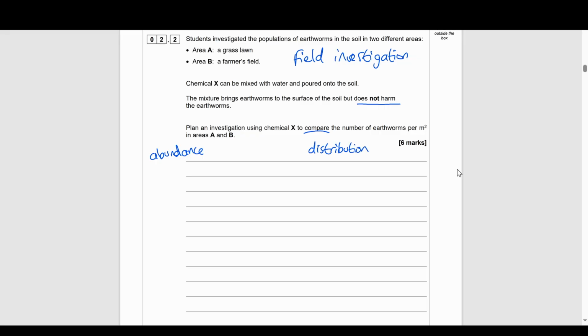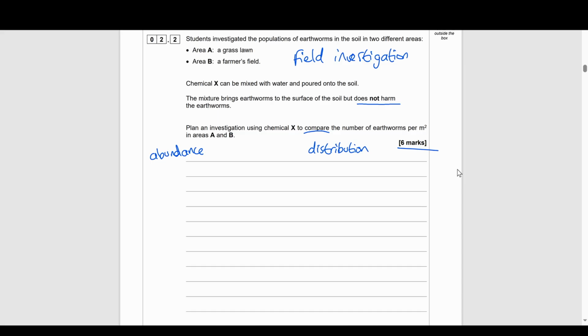Depending on which method you are looking at, there is a different way to do it. So we need to think now, which one of these methods do we need to talk about here in order to satisfy the 6 marks that this question is offering?